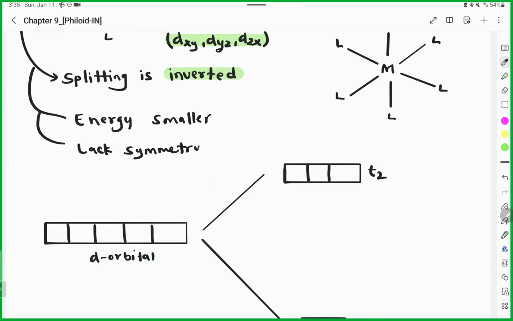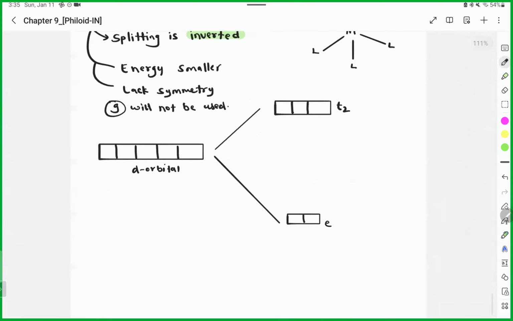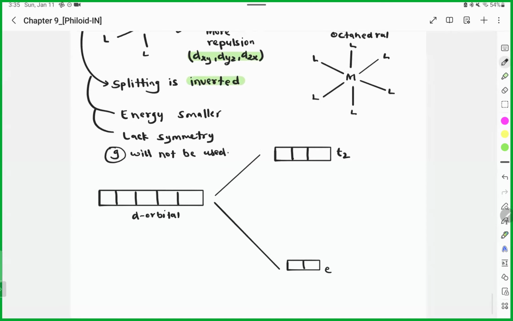If it lacks symmetry, g will not be used. Ask me your doubt, guys: sir, why in octahedral was eg up but in tetrahedral e is present below?